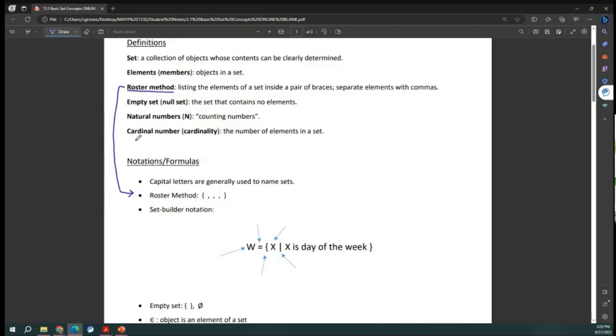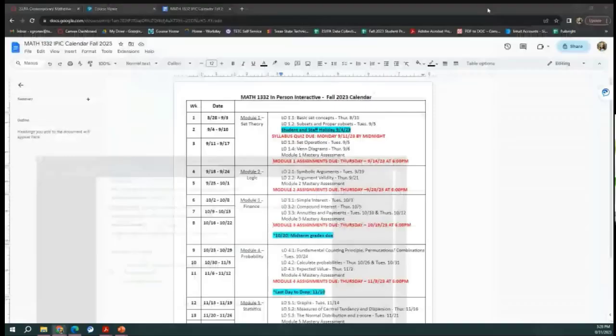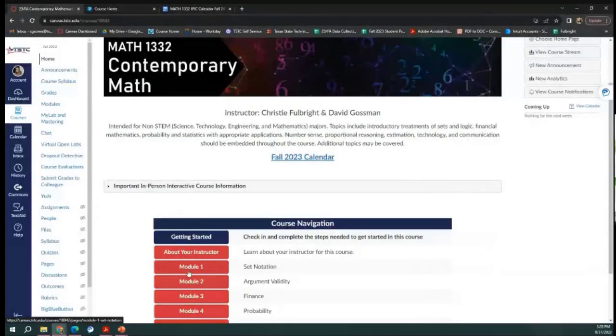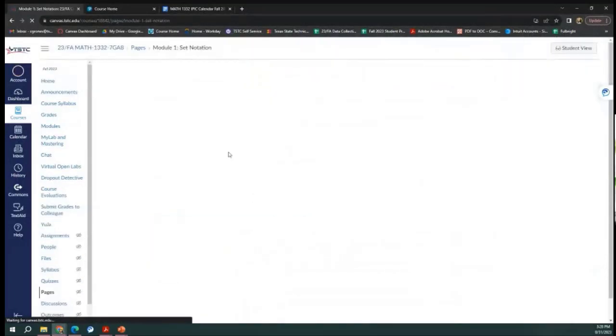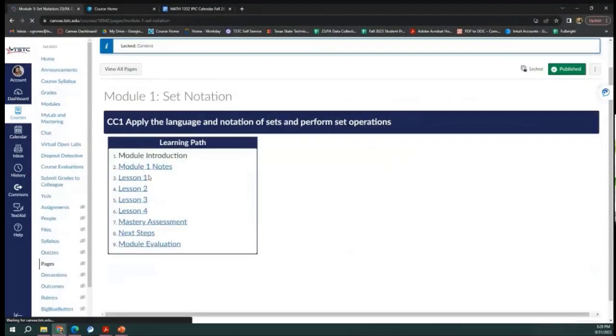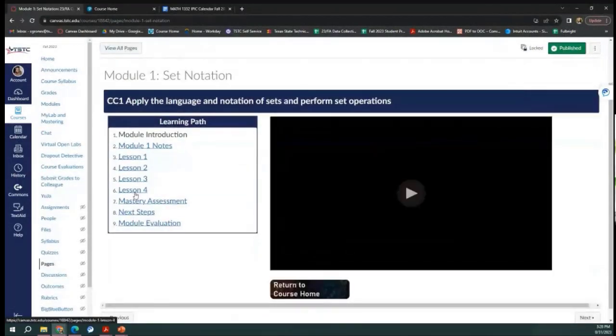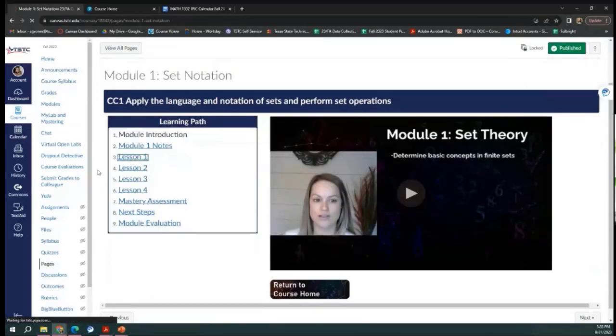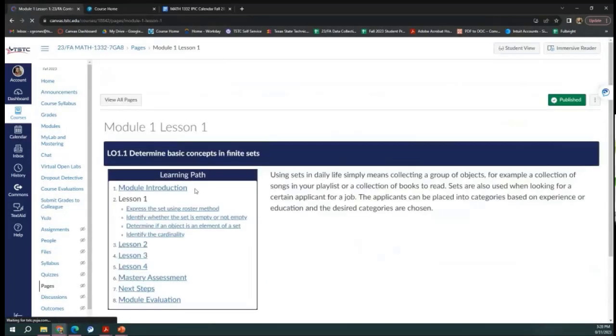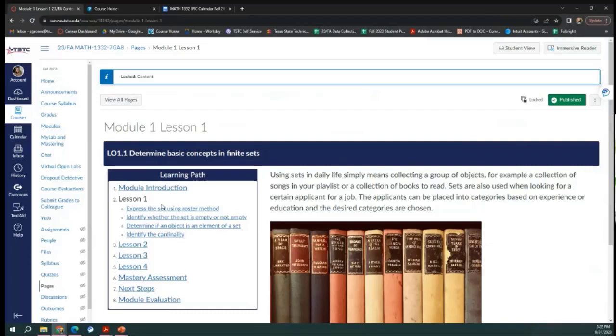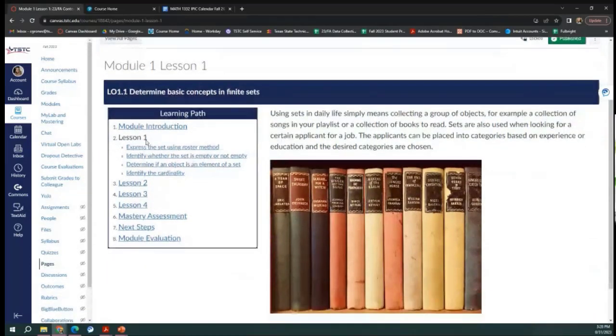This is lesson 1 in module 1. So if you're in Canvas and you click on module 1, it is broken up into 4 different lessons. Lesson 1, 2, 3, and 4. So lesson 1 is what we're focusing on today. And the homework can be found at the end of these.